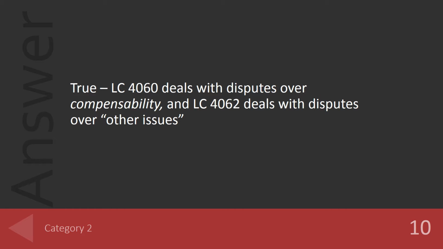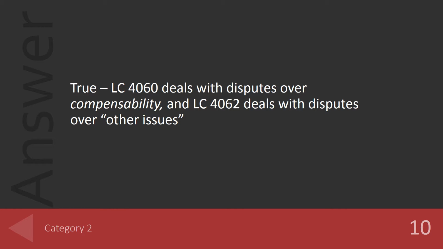As we're going to see, Labor Code 4061 does indeed deal with disputes over permanent impairment and disputes over the need for future medical care. As we discussed in our last session, Labor Code 4060 deals with disputes over compensability.